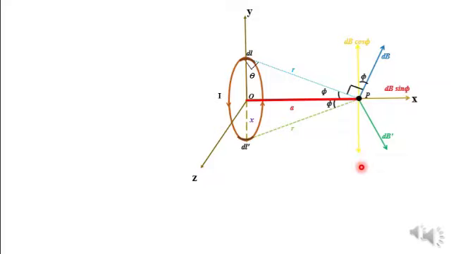The angle between these two is phi because the vertical line is perpendicular to the axis and dB dash is perpendicular to r. So this component is dB dash cos phi and this component is dB dash sin phi. This angle is 90 degrees since according to Biot-Savart law, the magnetic field dB dash is perpendicular to distance r.